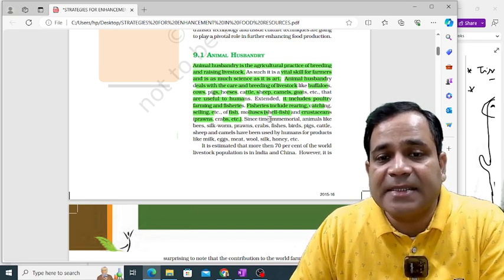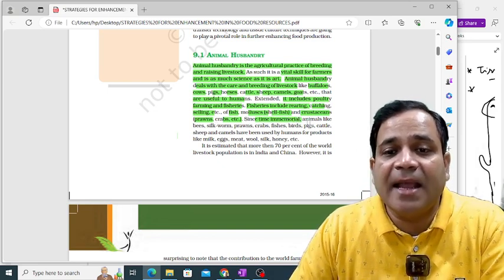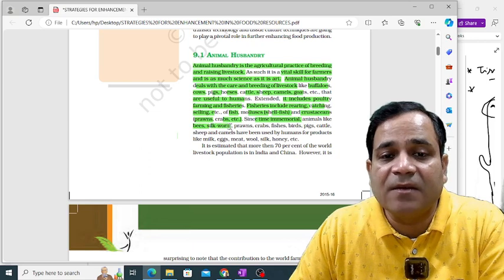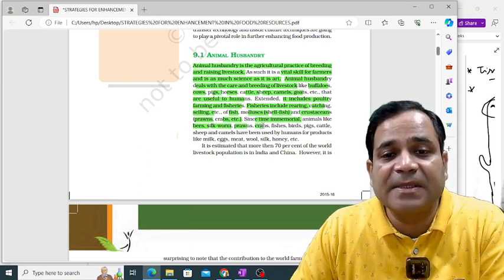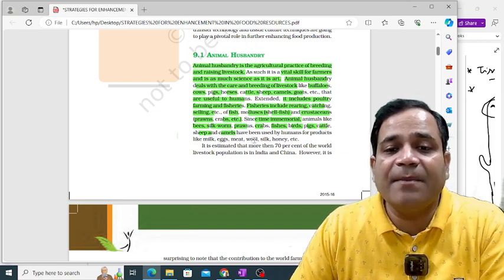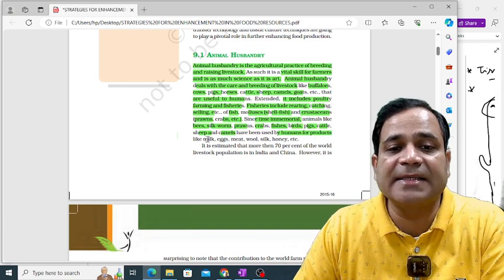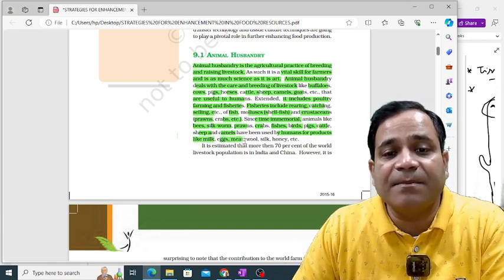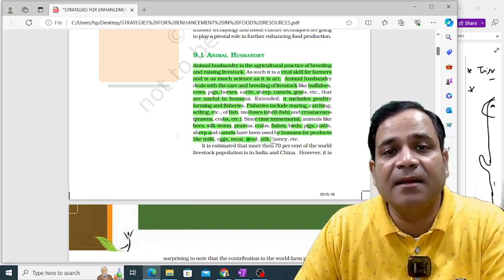Since time immemorial, animals like bees, silkworms, prawns, crabs, fishes, birds, pigs, cattle, sheep, and camels have been used by humans for products like milk, eggs, meat, wool, silk, honey.